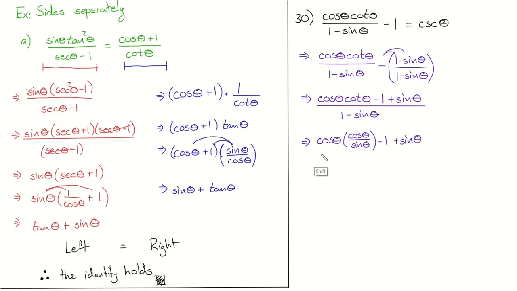And this all gets divided by that 1 minus sine theta. All right. So here we go. I see that when I do this multiplication, I wind up with a cos squared theta over sine theta.